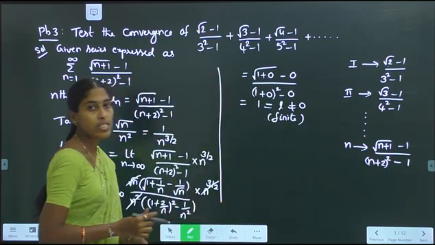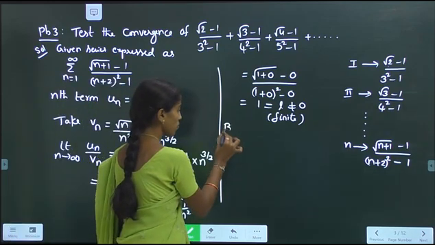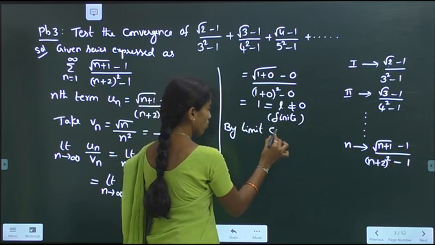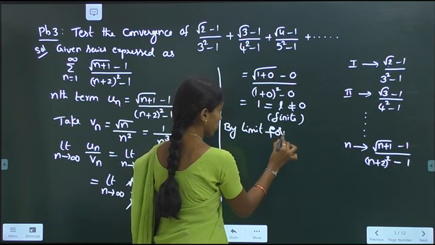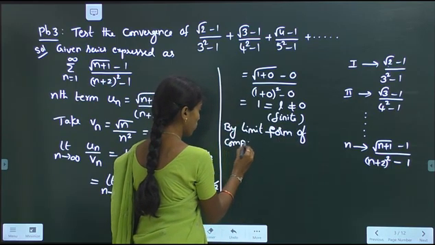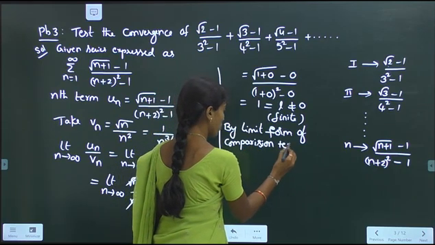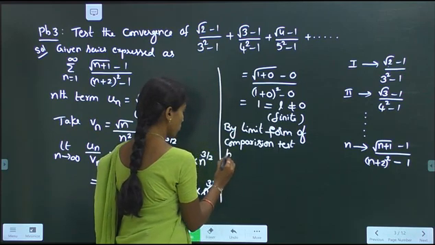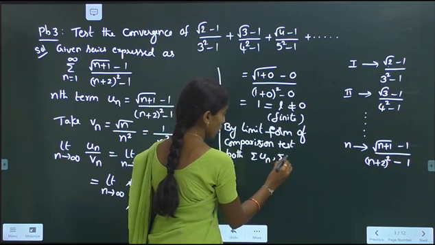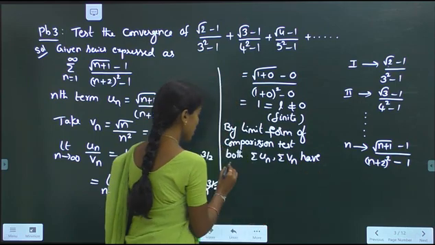If the L value is a non-zero finite value, by using the limit form of comparison test, both the series Un and series Vn have the same nature.